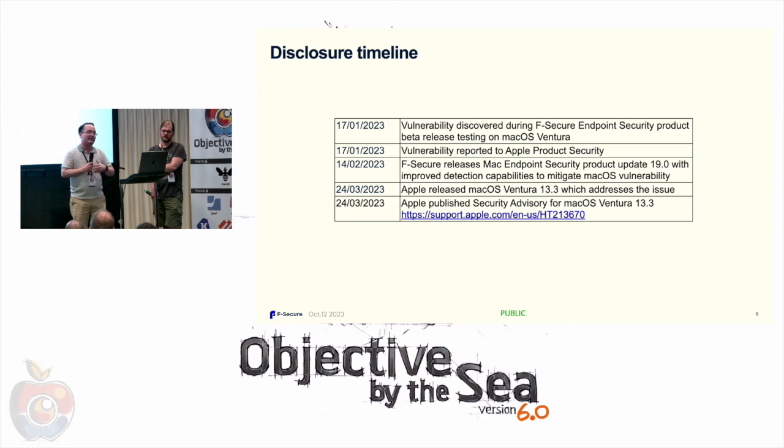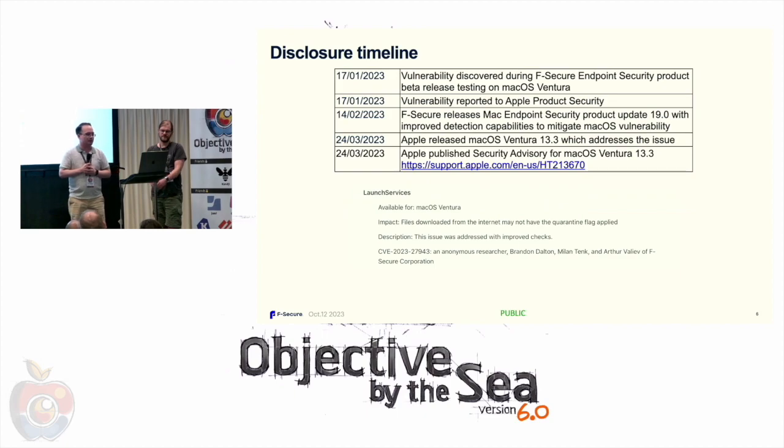Then we implemented a mitigation on our product side to better handle the situation where the quarantine attribute was missing on a file. Then Apple mitigated the issue in a new macOS update, and they credited the report to us. Apparently there were a couple of other researchers who also reported the same issue.